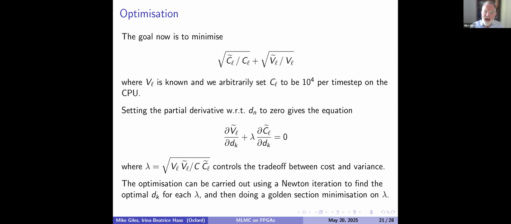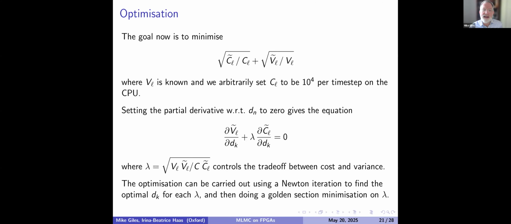We get independent equations for each variable k. And they're linked all through having the same lambda, which controls the trade-off between cost and variance. And so what we can do is, for each lambda, it's a simple 1D Newton iteration to get the optimal dk for each one of the k's.